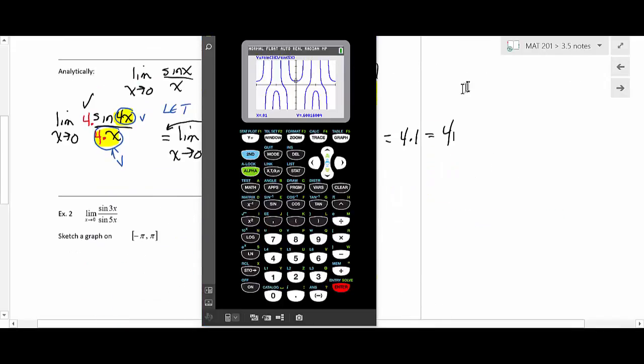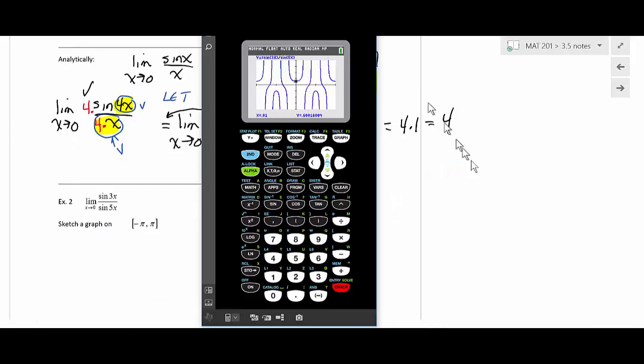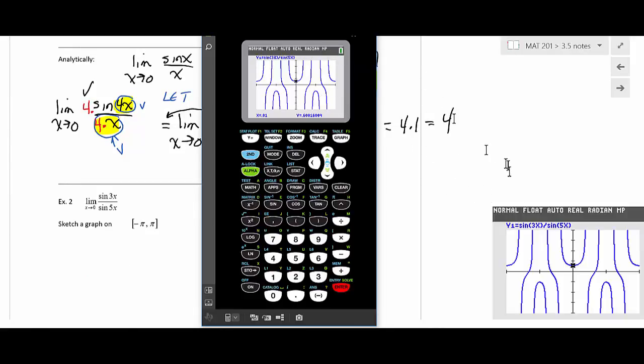You don't need to sketch that graph. The point is to see this visually. So when I look at this graph, it's approaching 0.6. And that's what 3/5 is. If you take 3 divided by 5, you're going to get that value. Okay, like that. All right?